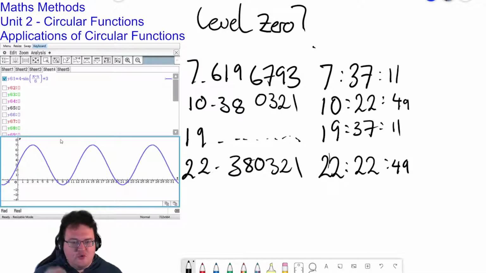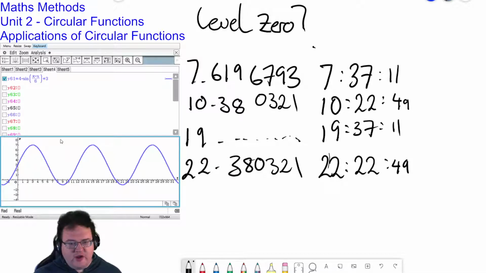So I move the center line, but the amplitude hasn't changed. So the highest value is going to be 3 plus my amplitude, and then it's going to be 3 minus my amplitude. That's why the graph goes all the way up to 7 and down to -1.